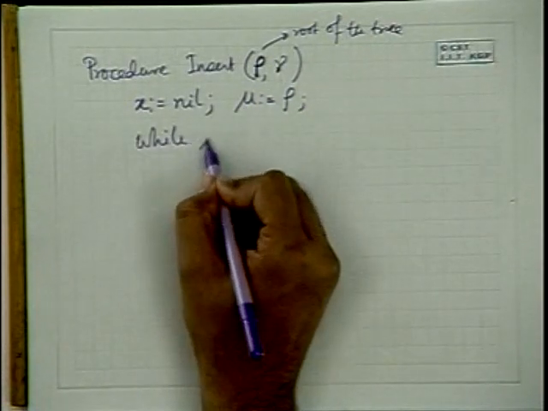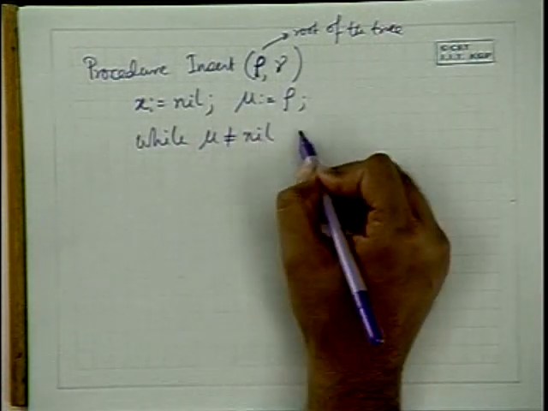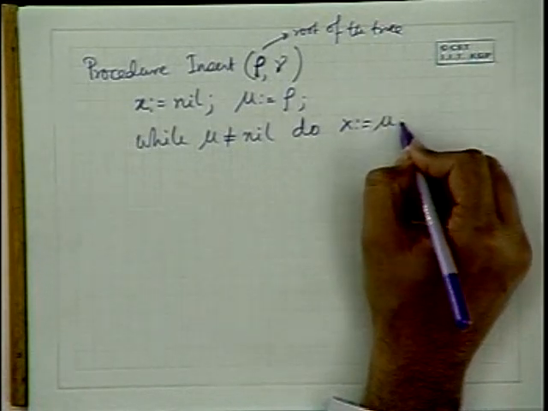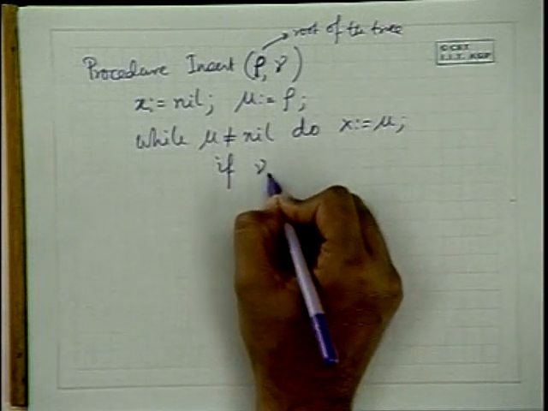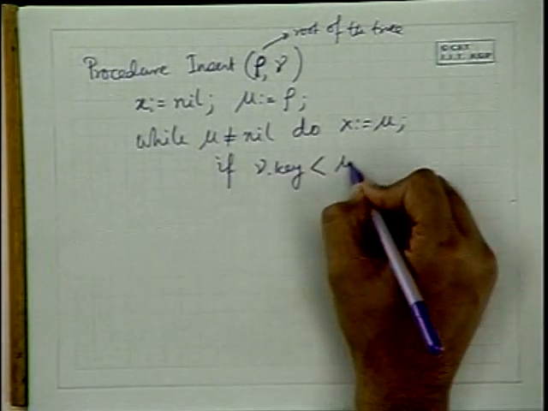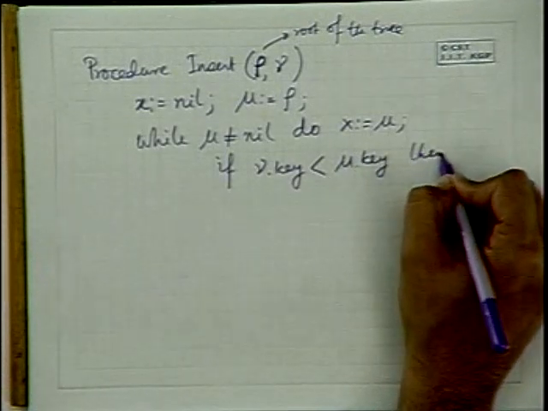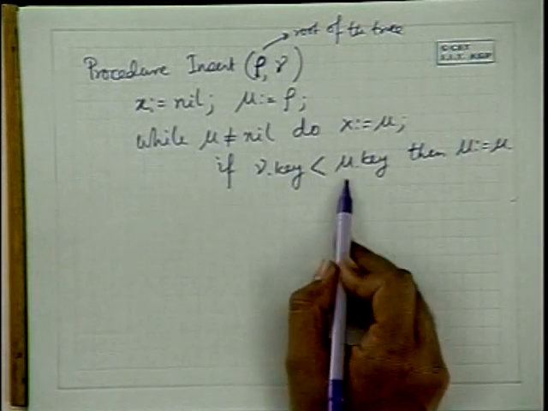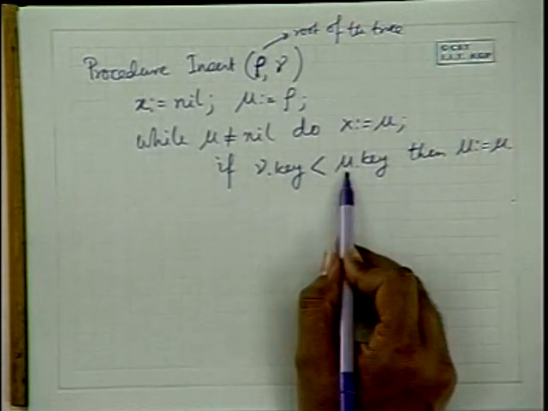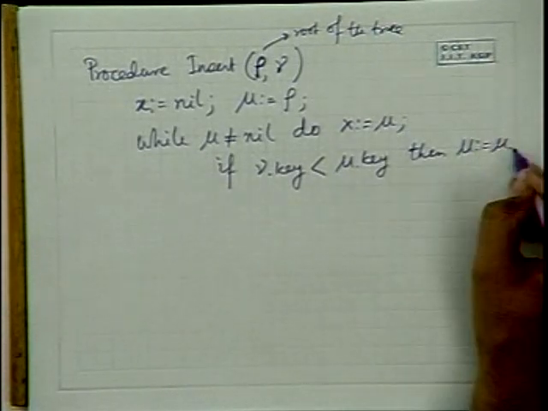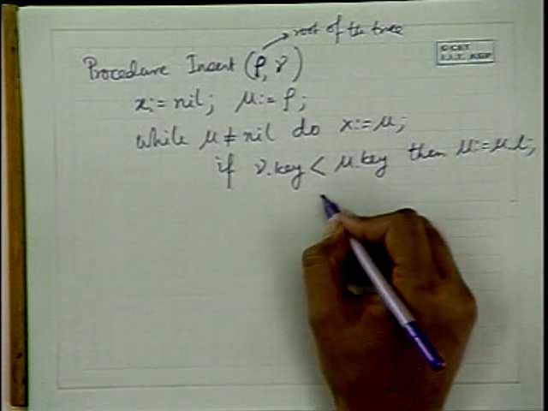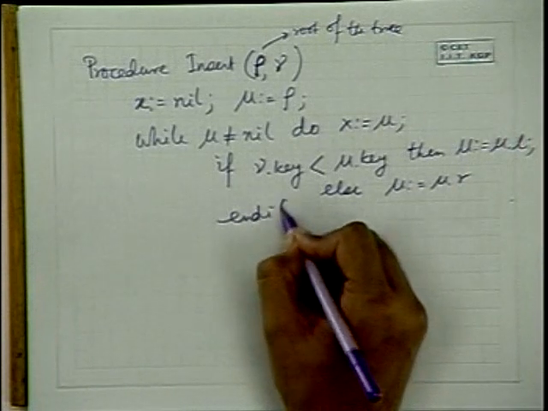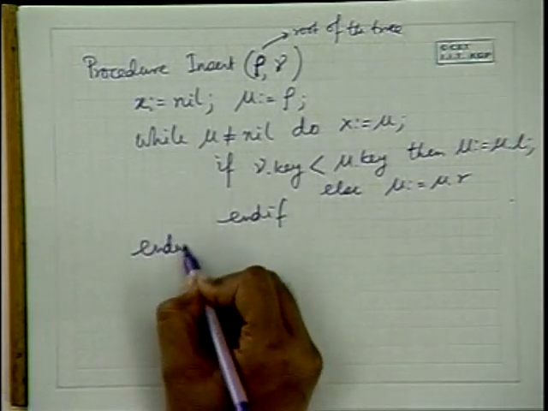While y not equal to nil, do x is updated to y. If new.key is less than y.key, then y is updated to y.L. Else y is equal to y.R. So that is end if. And you just end while here.